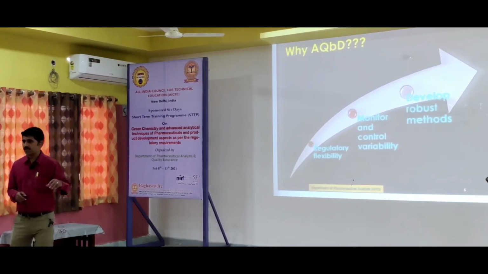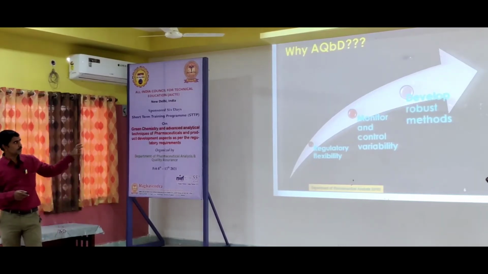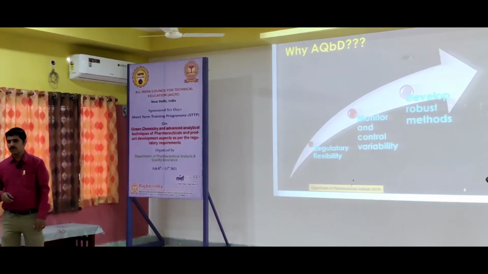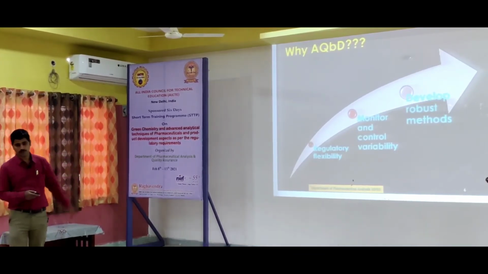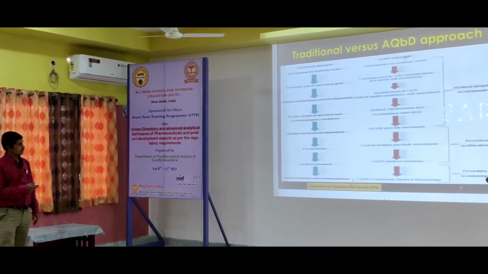Robustness is one of the parameters which we do in validation. But if you are doing AQbD method development, robustness is a very minor criterion, which even if you are not doing, is not at all a problem. Why? Because we will see in the next slides. So the difference between the traditional versus AQbD approach.